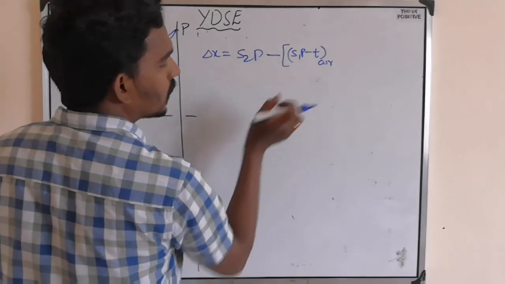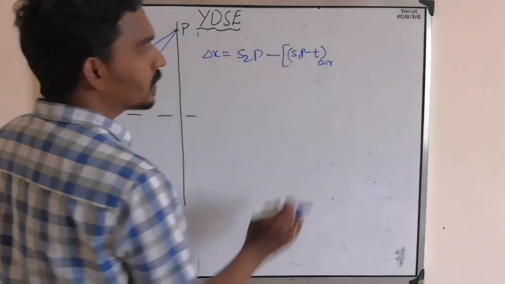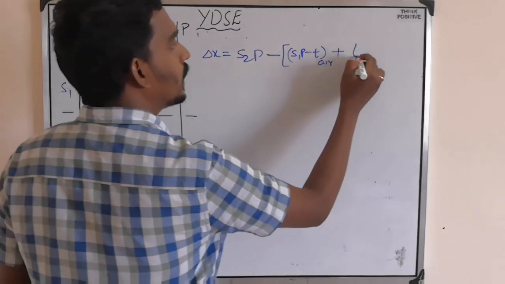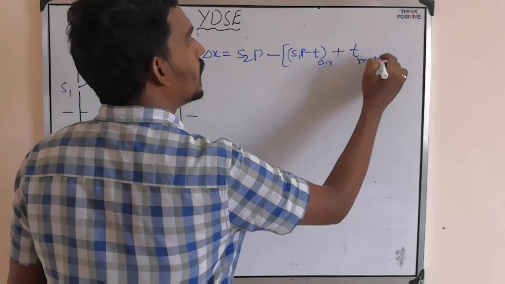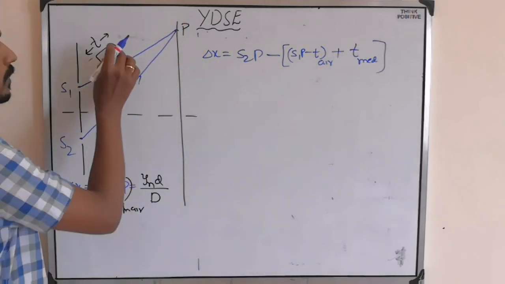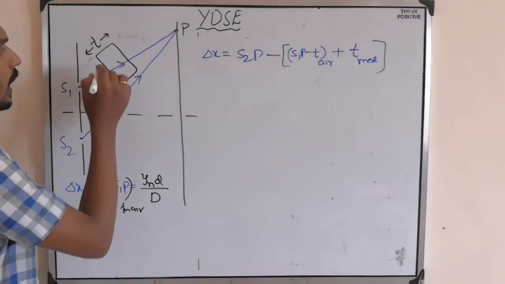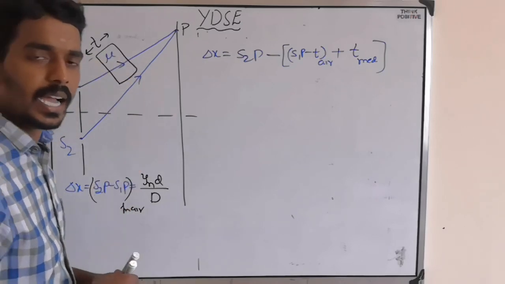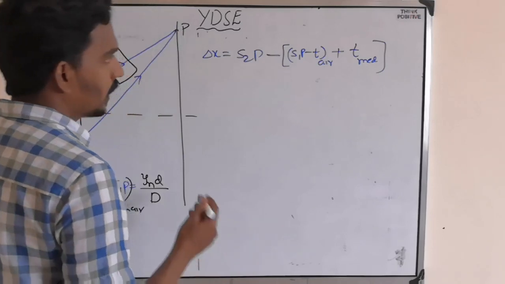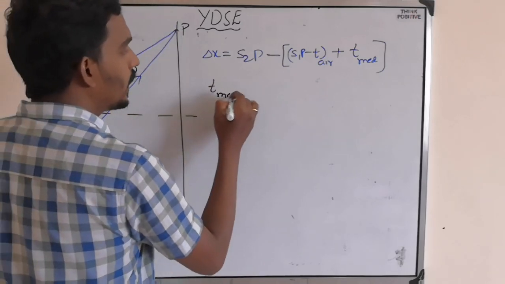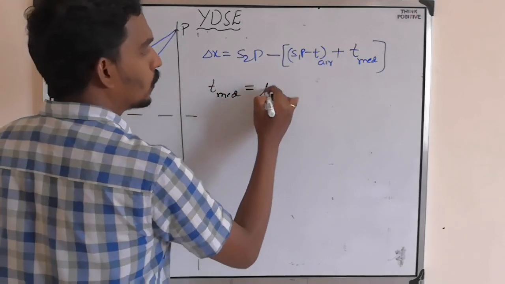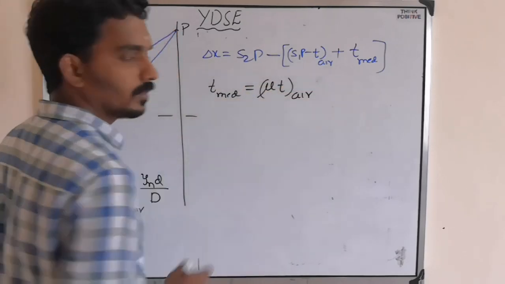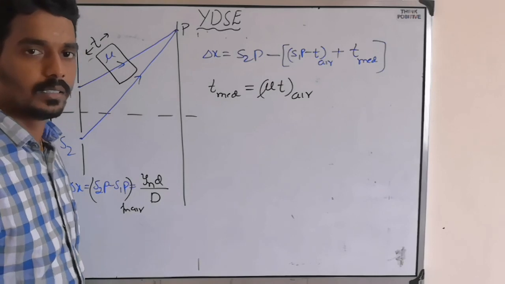So S2P minus, here S1P minus T is air, plus T medium. A width of T is travelled in the medium, and let's take the refractive index mu. But in ray optics you have already studied that thickness T in a medium is equivalent to mu times T in air, the equivalent path.